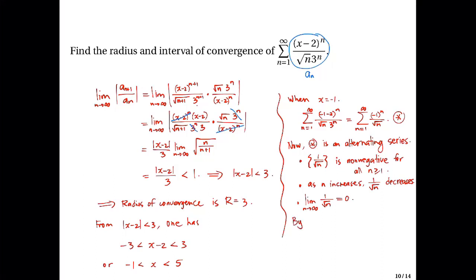Therefore, by the alternating series test, the series (-1)^n over square root of n, times 3^n, from n equals 1 to plus infinity is convergent. Okay?